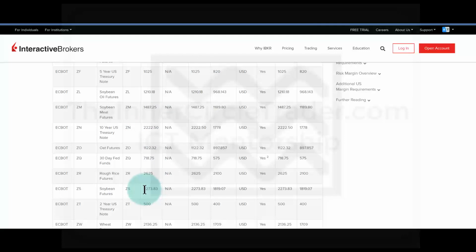This is the amount of money per contract that you would have to have for initial margin, and you also have to have maintenance margin. Basically, I don't even consider maintenance margin. When I was younger, I looked at whether I had enough maintenance margin. You have to have the initial margin and a little bit more, in my opinion, to trade the commodity markets. Now, some of you are probably thinking, man, this is too rich for me.